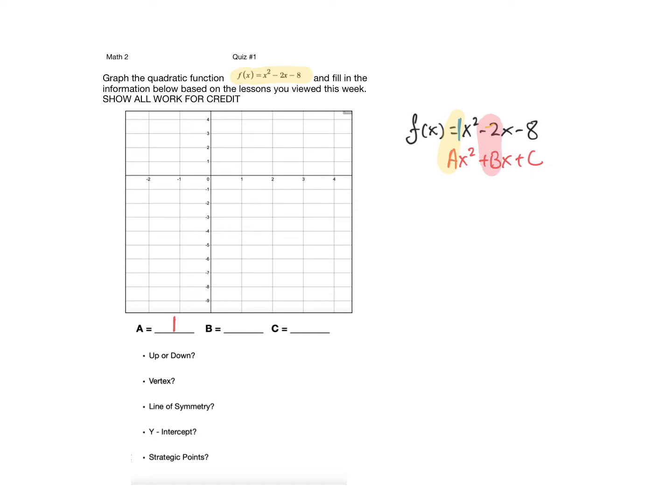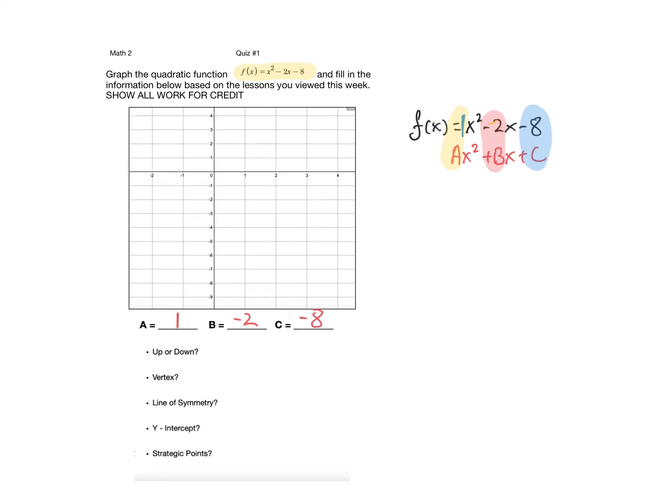And that's my b, so I'm going to put a -2 right here. And then finally, I have the c value, and that's going to be a -8. And so I'm going to put a -8 right here. Keep it all the same color. And let's see where this takes us.